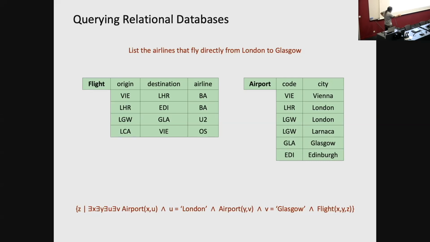And then we want a direct flight from the airport X to the airport Y operated by Z. As you can see here, Z is my output variable, and the value that we are going to assign to Z will be the answer to our query. This is how you should treat such a first order query. So this is how we can express this very simple query using a first order query.